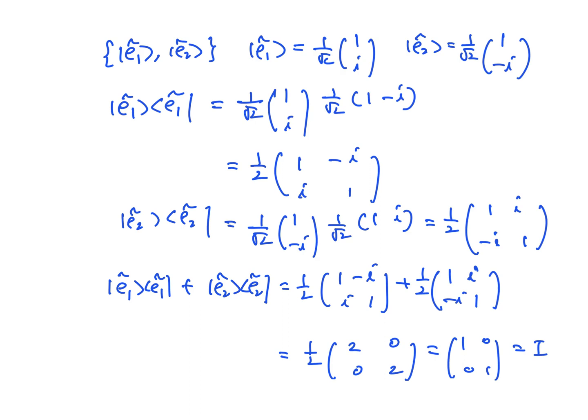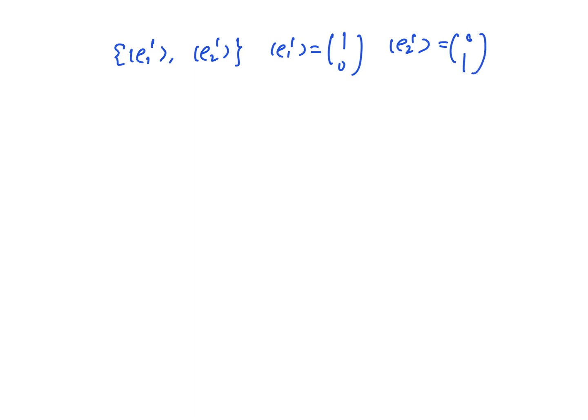How about the third case? E1 prime, E2 prime, where E1 prime was (1, 0) and E2 prime was (0, 1). That's easy. E1 prime outer product E1 prime is (1, 0; 0, 0).